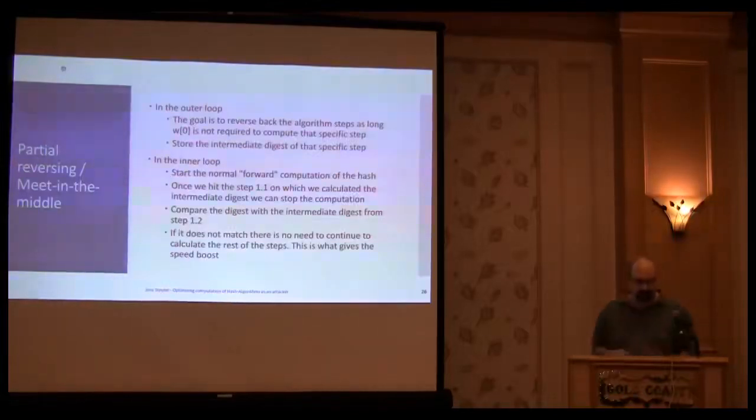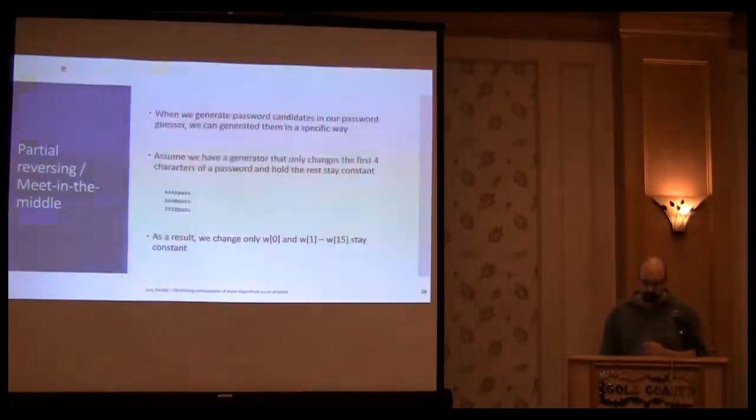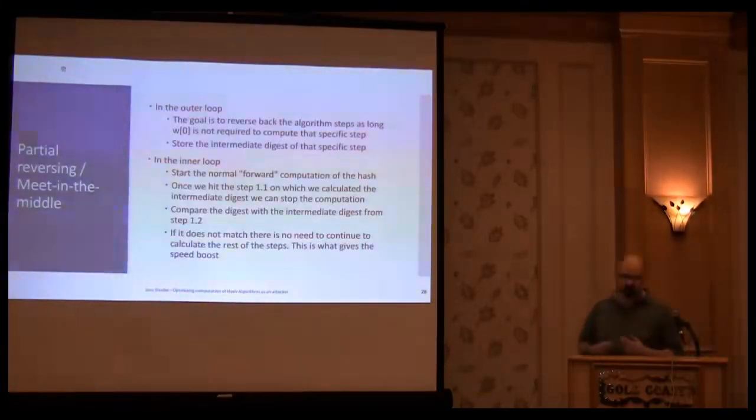And inside the inner loop, we can go straightforward as usual, and once we hit the step from 1.1, we can compare this, I call it intermediate digest, and we can compare it. If it does not match, we can skip the remaining 16 or 17 or 18 or whatever your implementation is steps and save them.